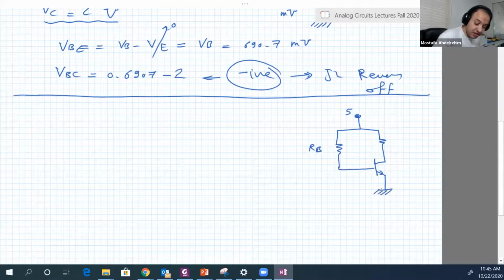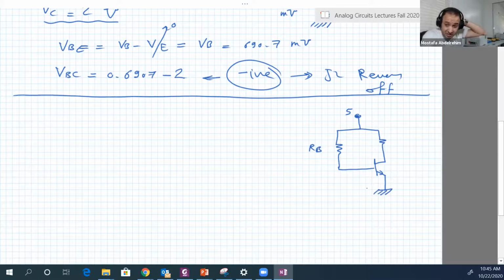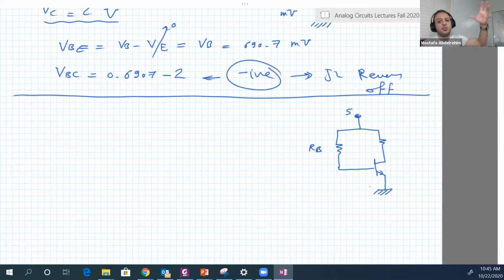For this one, as I said, if you feel that the circuit is cumbersome, you can replace the transistor by the equivalent circuit. But believe me, you can work without it since you know the equations. We did one with the equivalent circuit; this one we will not do with the equivalent circuit.